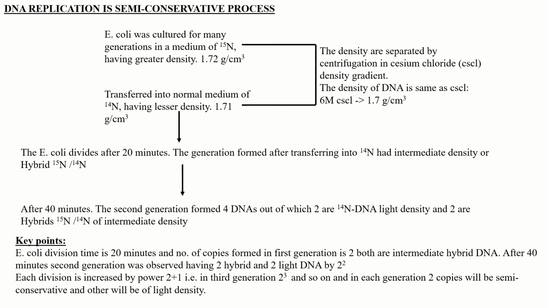intermediate density. Why intermediate density? Because the strands which were formed are of N15 and N14. So after 20 minutes, it was first observed that the parental strand were transferred into one strand of heavy nitrogen DNA and one strand of light DNA.